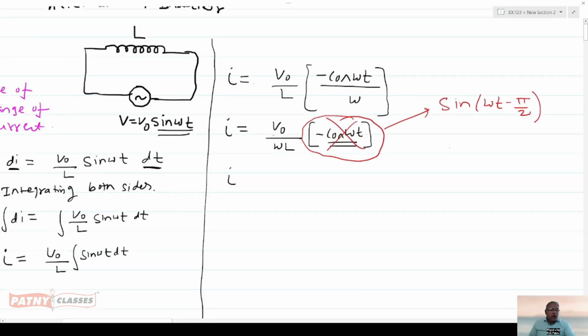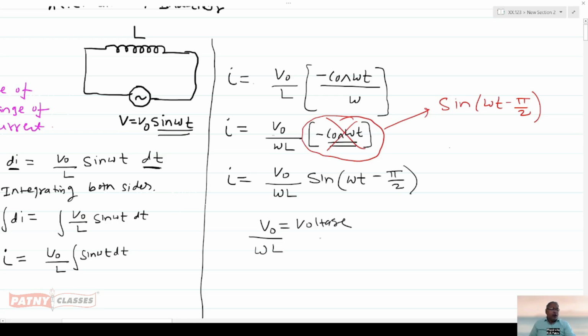Therefore I equals V naught upon omega L multiplied by sine omega t minus pi by 2. One more thing, V naught is nothing but voltage, and omega L is something like resistance.